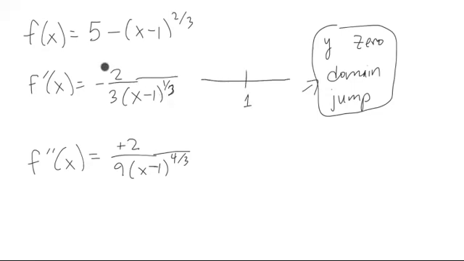Let's think about the sign of this. The sign of this really changes by what's variable here, an x minus 1 to the 1/3 power. Now, negatives always pass in and out of cube roots freely. And so we can really think about this as just an x minus 1 on the bottom, at least if we're thinking about sign changes, because x minus 1 has the same sign as x minus 1 to the 1/3.